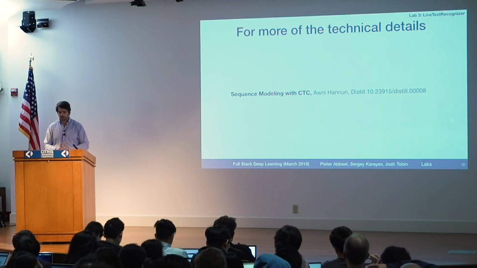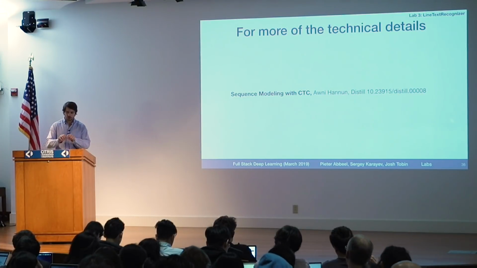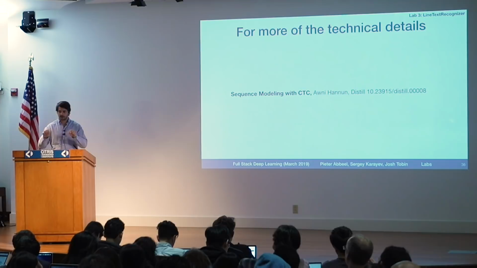But then to train the model, you need to look at your target sequence, like say the target sequence is hello. And then you need to look at all of the possible ways of creating hello from this longer sequence with duplicates, and then combine the probabilities of those in a way that gives you the probability of the sentence occurring. Right, because the neural network produces a fixed number of outputs, but those outputs can be compressed and combined in different ways in order to produce the final sentence.